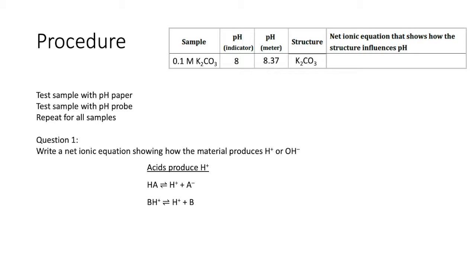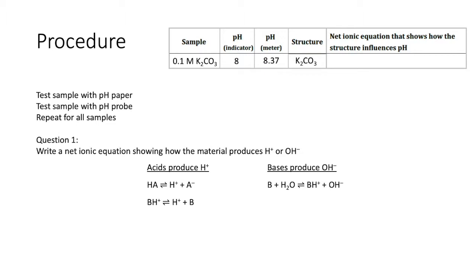And bases are things that produce OH minus when you add them to water. And the types of net ionic equation that you can get for bases producing OH minus are roughly similar to those for the acids. The first type you'll see is the reaction of a generic neutral base, B, with water. The base abstracts a proton from the water to make BH plus and OH minus.